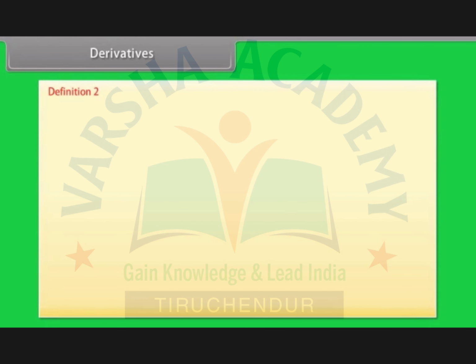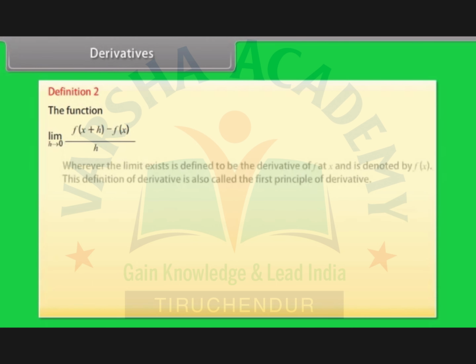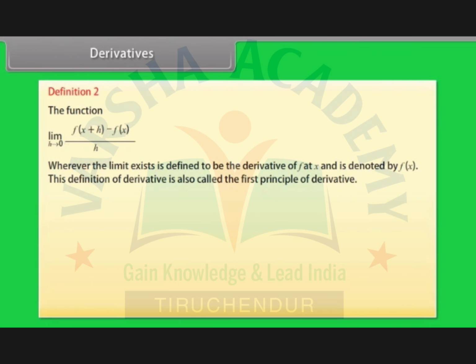Definition 2. The function limit as h tends to 0 of the difference between f of x plus h and f of x, divided by h, wherever the limit exists, is defined to be the derivative of f at x and is denoted by f dash of x. This definition of derivative is also called the first principle of derivative.